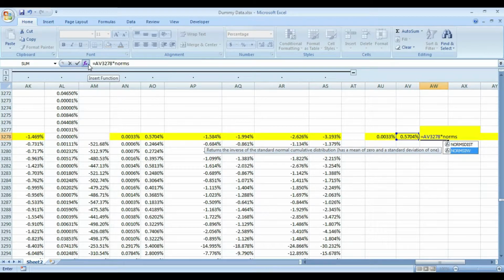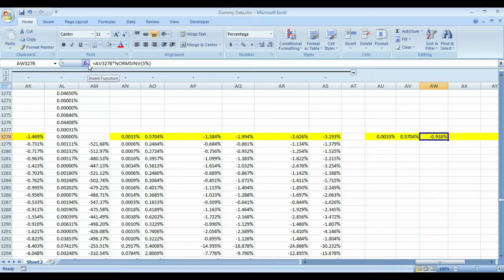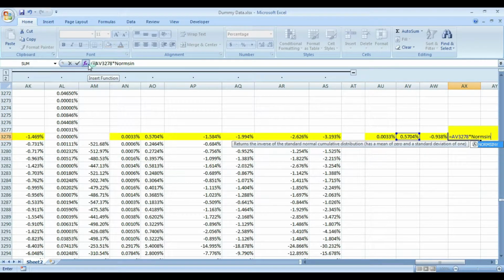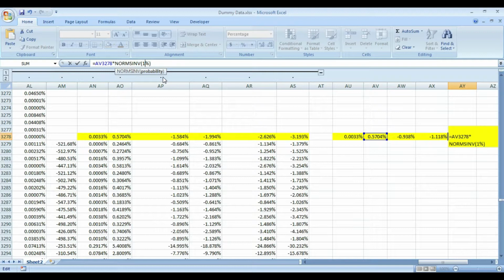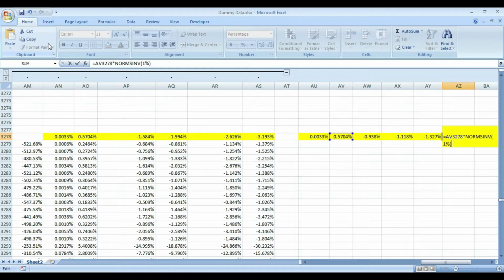Since it's a normal distribution, the probability would be 5% for 95%, then 2.5% for 97.5%. These are the significance levels, guys. Then for 99%, 1% would be the significance level, and finally for 99.5%, 0.5% would be the significance level.